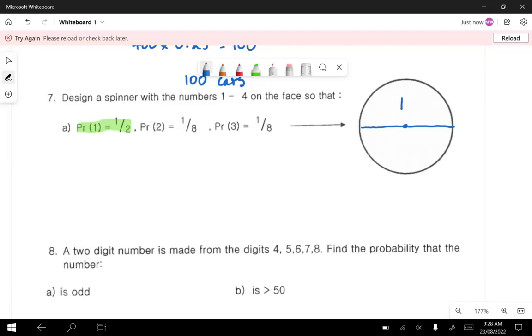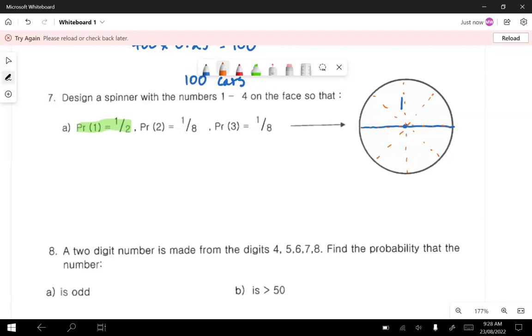What about the probability of spinning a 2? It says that it's only 1/8. So what we would have had to do is divide this up into 8 equal parts, like this, okay?